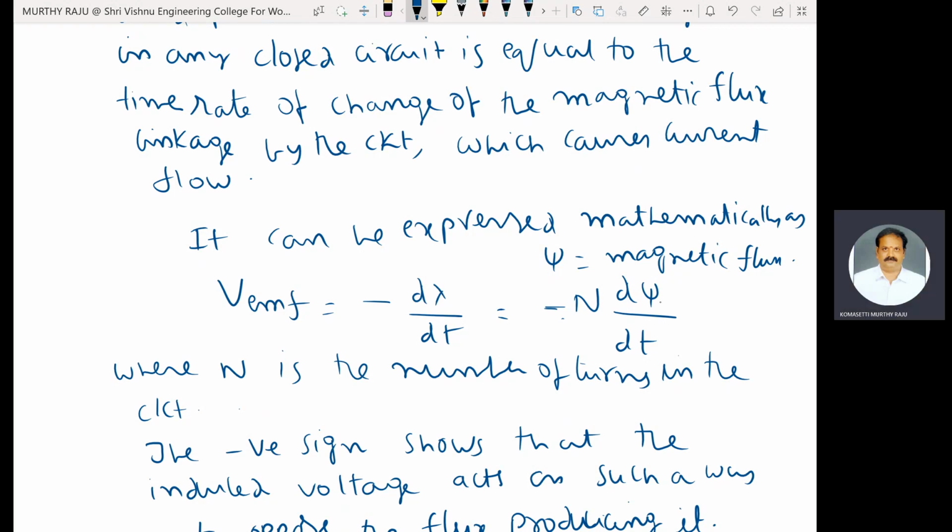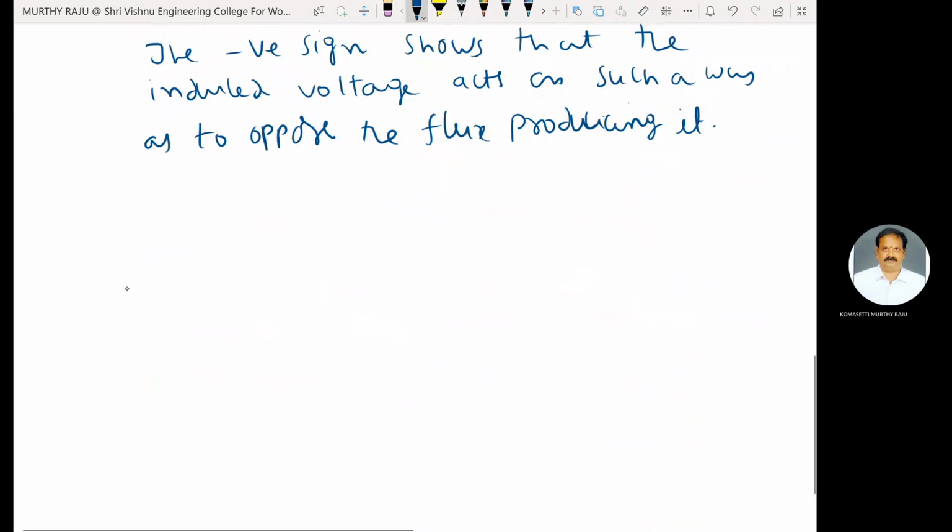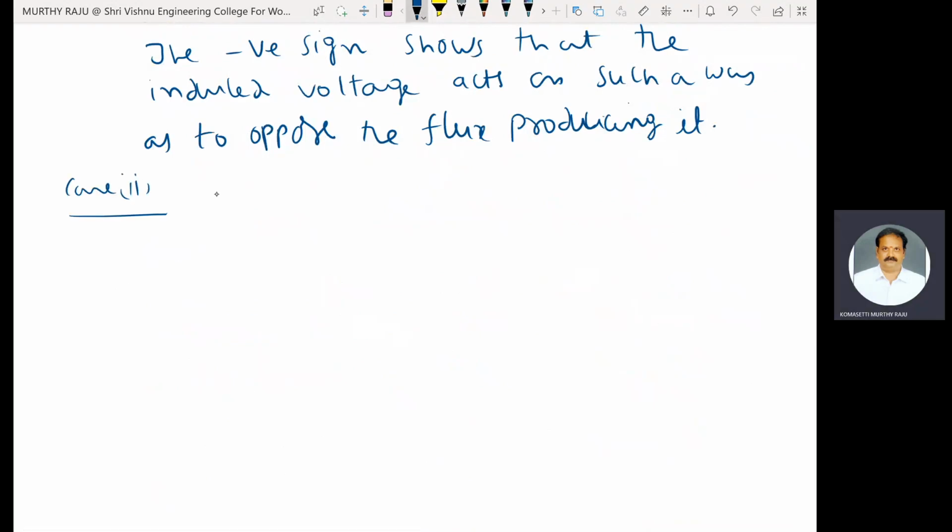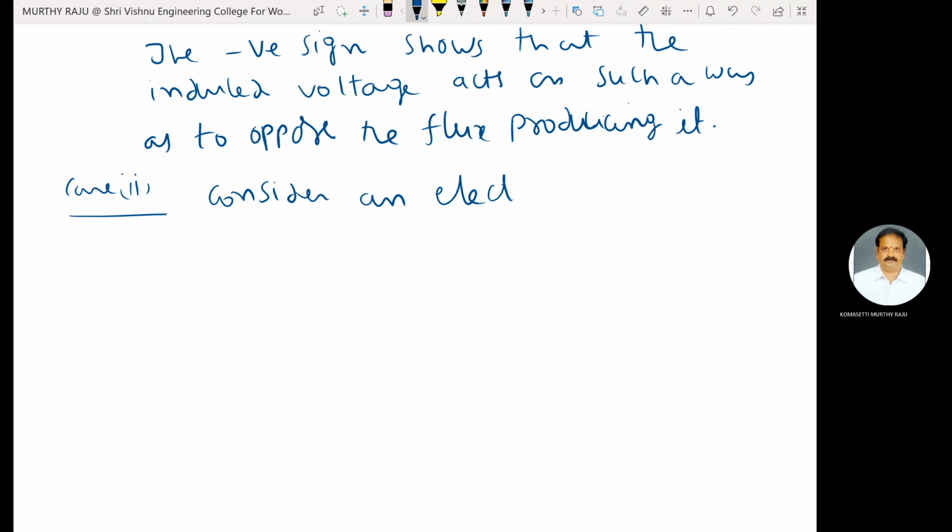Next, consider an electric circuit. Case 1 is completed; this is case 2. Consider the electric circuit shown in the figure. One terminal is positive and the other negative.